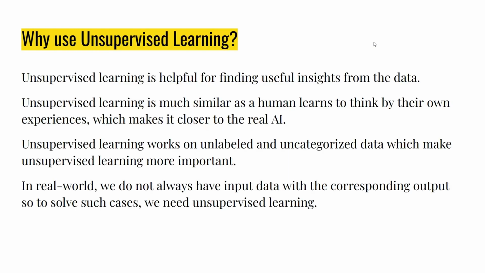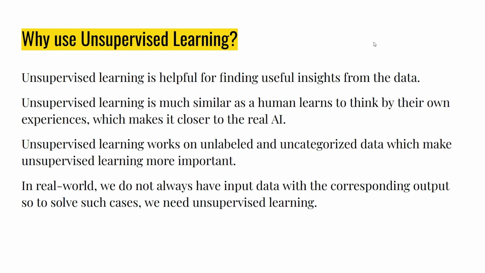Why do we use unsupervised learning? Unsupervised learning is helpful for finding useful insights from the data. It is much like how a human learns to think from their own experiences, which makes it closer to real artificial intelligence.